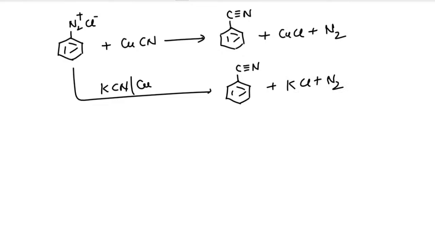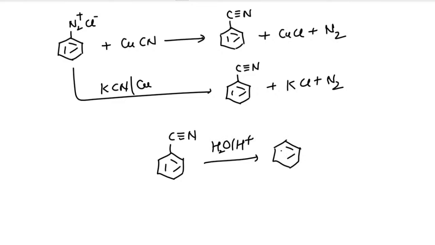But the cyanobenzene formed is highly reactive and it can be converted into benzylamine on reduction or benzoic acid on hydrolysis. See, this is cyanobenzene. It is also called benzene carbonitrile. So on hydrolysis, we get benzoic acid.